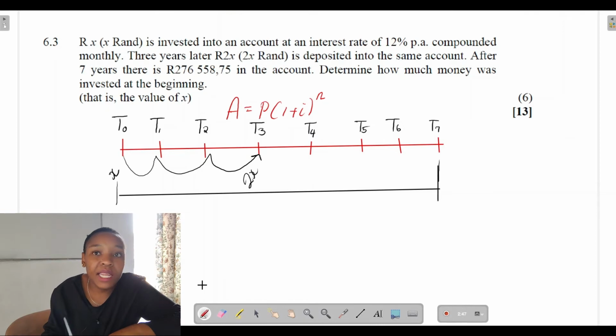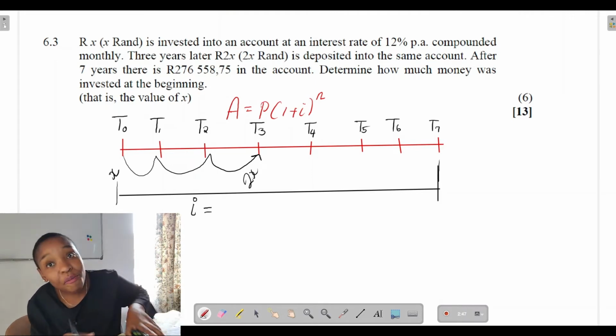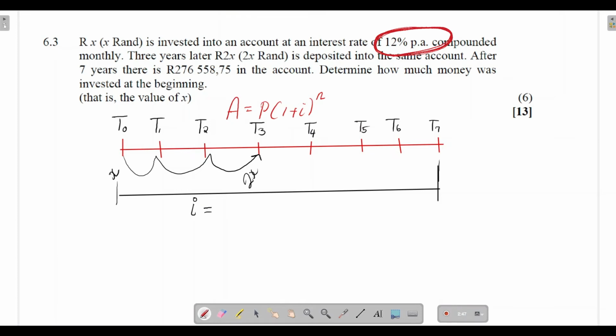So what does it mean if they say that it's compounded monthly? It means that the value of your i is going to be the 12% divided by 100, so 12% divided by 100 is equal to 0.12. Because it's compounded monthly, you need to divide by 12.